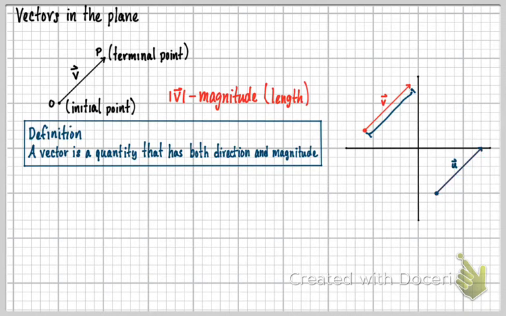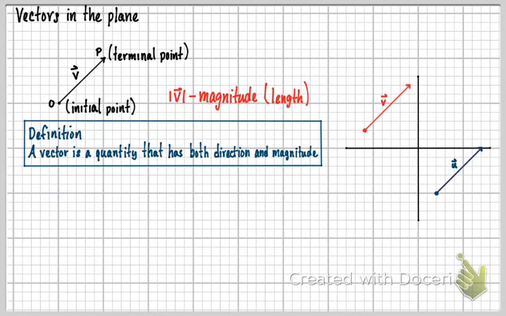We can see that with slope: I'm going up one, over one, up one, over one, for both. They have the same magnitude and direction, so u and v are equal.